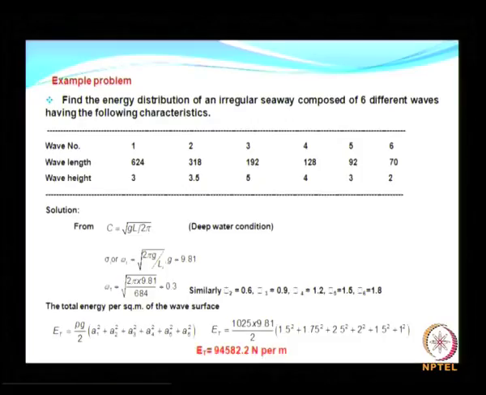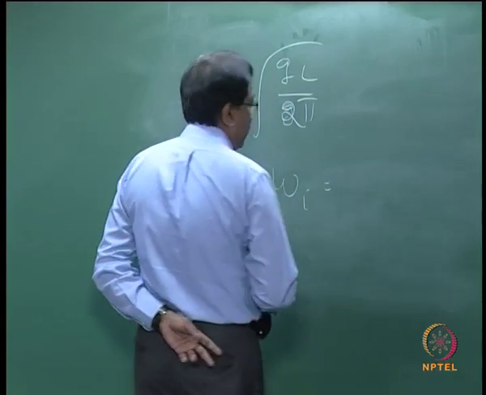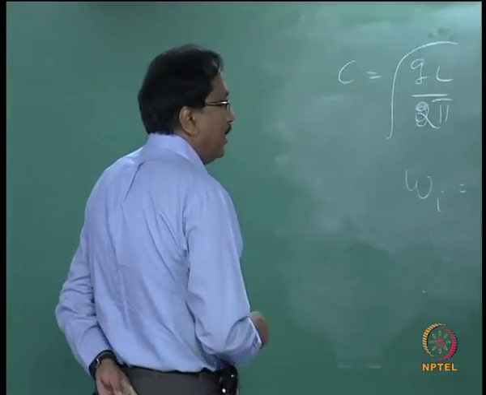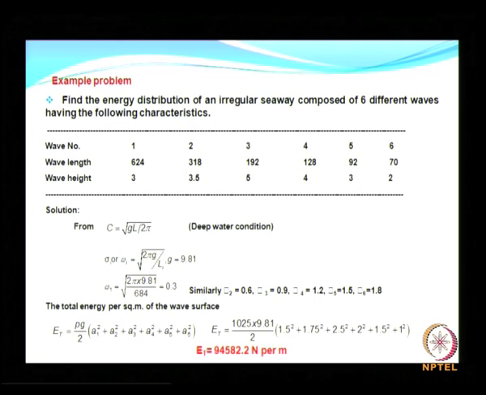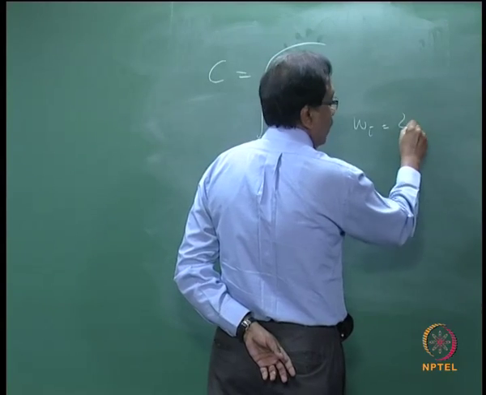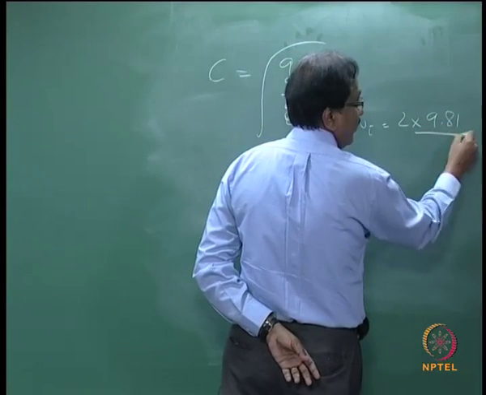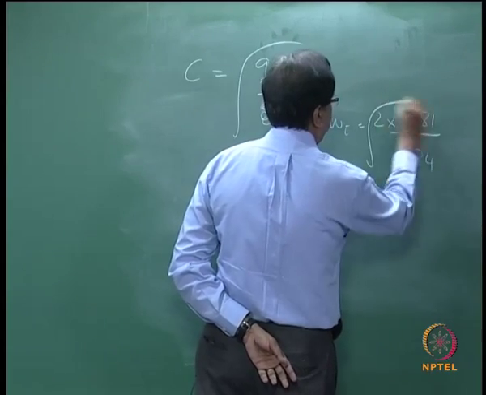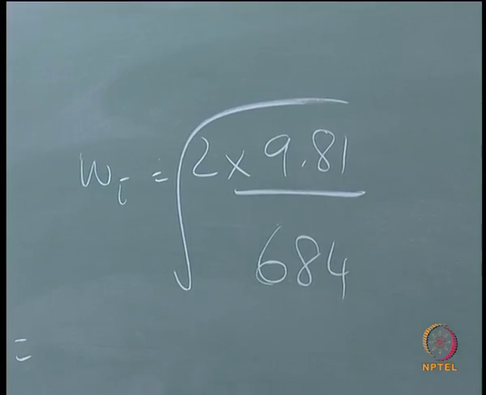Hence, I can arrive at your sigma, or so from this what is omega I? Omega 1 is equal to 2 pi into 9.81 divided by 684, for example, for the first frequency component.